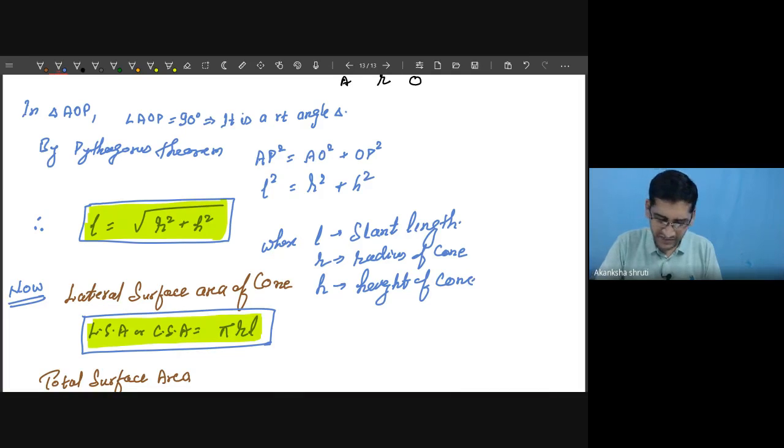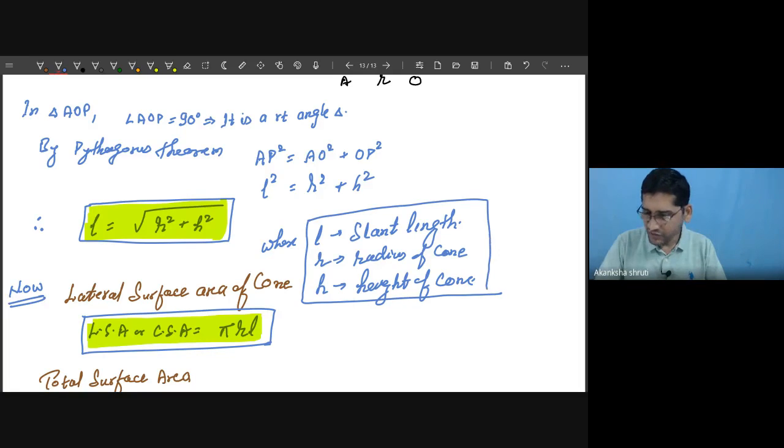So we have a new quantity called slant length l, obtained by under root of r square plus h square. So these 3 denotations are very important. You have to keep in mind which is denoting which one.